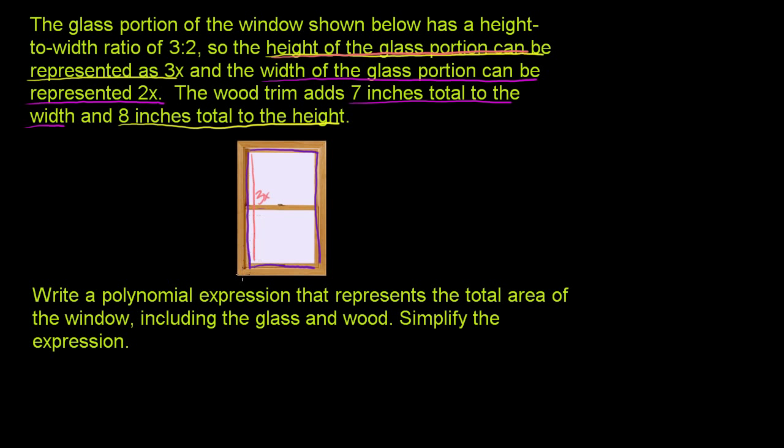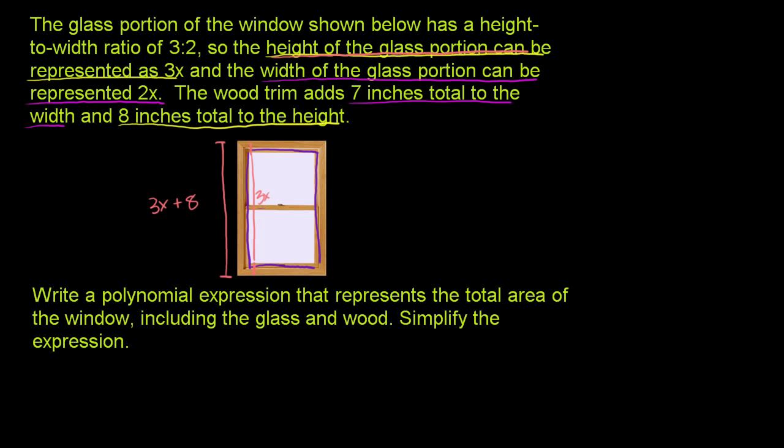So the glass portion plus the wood trim on either end adds 8 inches to the glass portion. The glass portion is 3x, so we're going to add 8 to it. So this height right here is 3x plus 8.